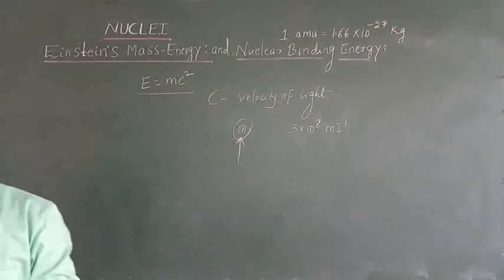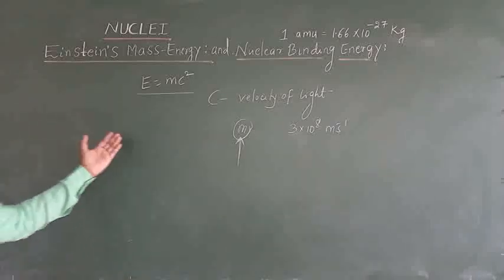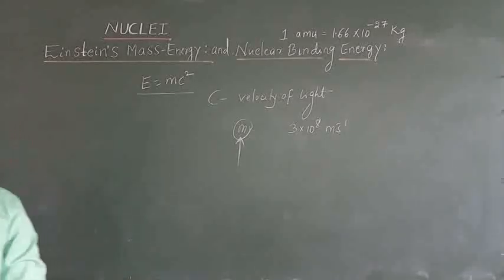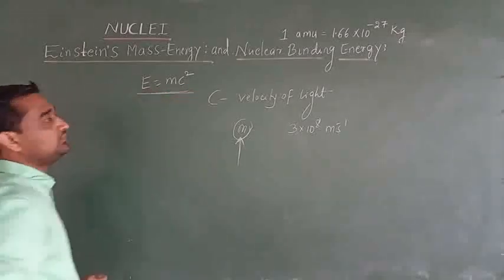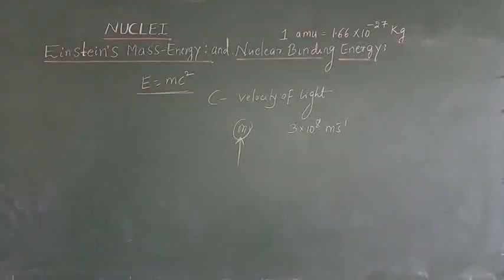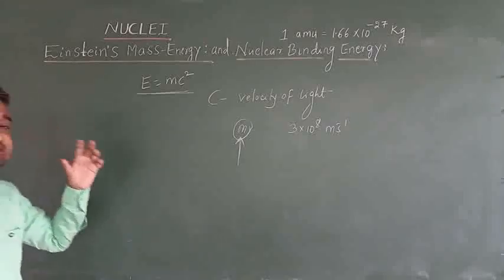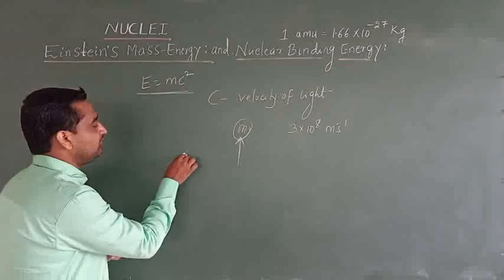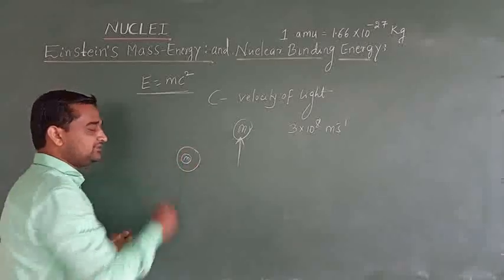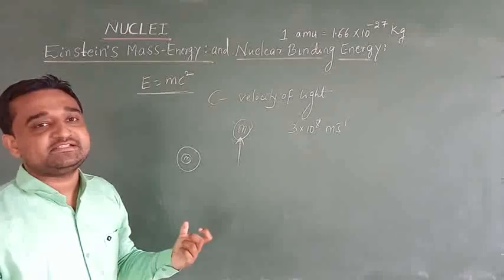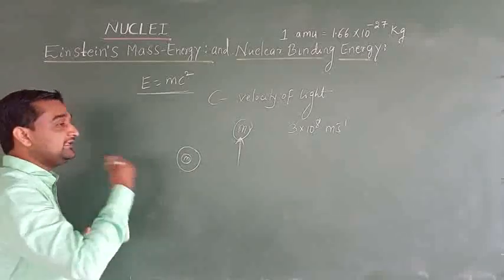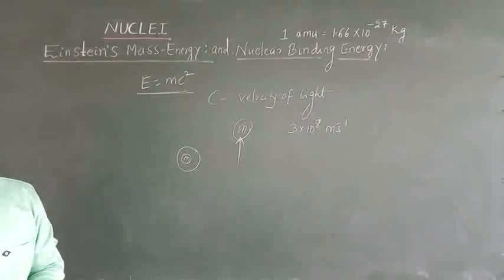He gave the relation E is equal to mc square, so the energy present in a body of mass m is given by E is equal to mc square, where c is the velocity of light. The energy is released when some amount of mass is lost. Even if a small mass is lost, it is converted into energy. That means energy and mass are interconvertible.